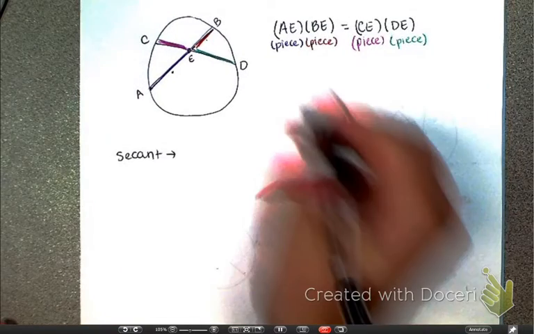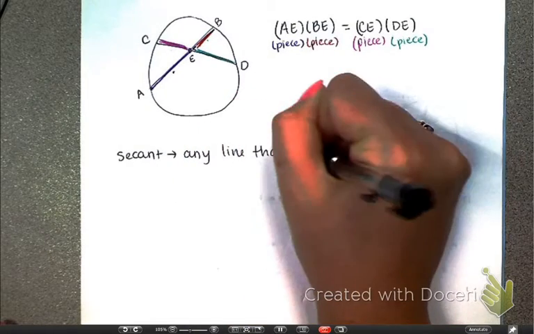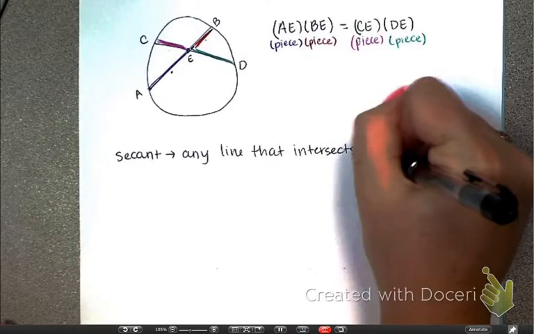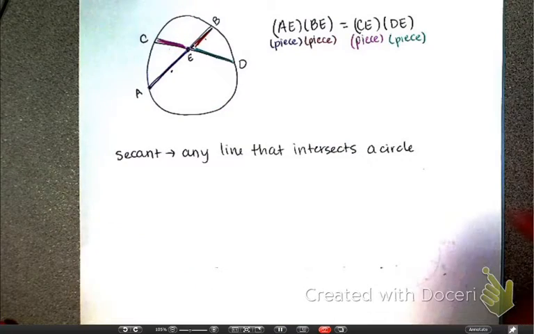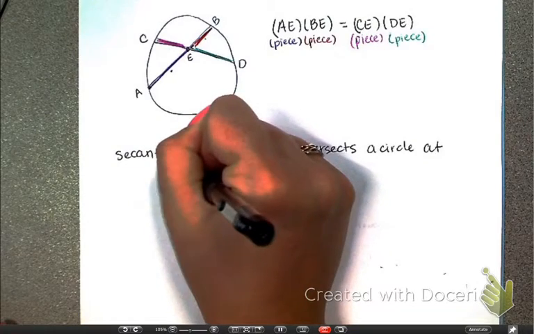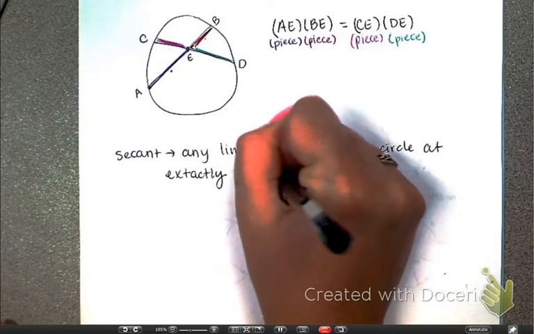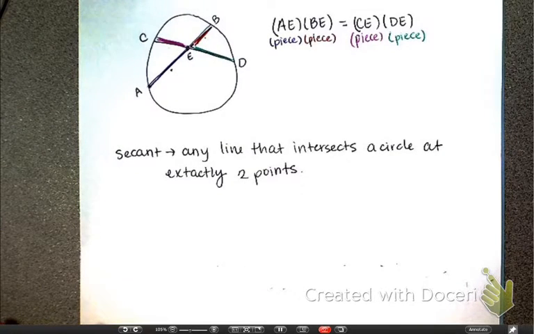So a secant is any line that intersects a circle at exactly 2 points. So here's where we actually have a line. It intersects the circle at exactly 2 points.